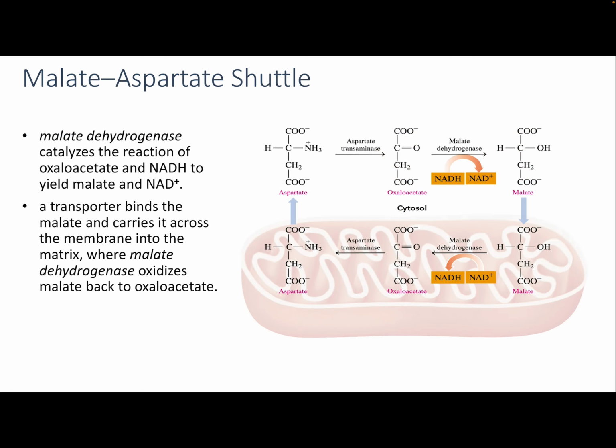But, as I mentioned, the NADH that was formed in glycolysis can't pass through to get into the mitochondria. So the hydrogen ions and the electrons from NADH can be moved into the mitochondria by a transporter called the malate aspartate shuttle.